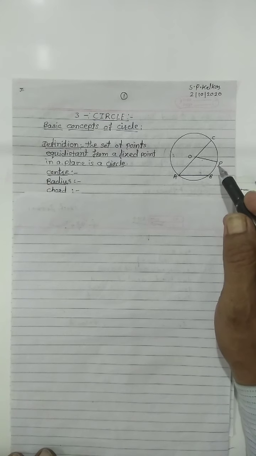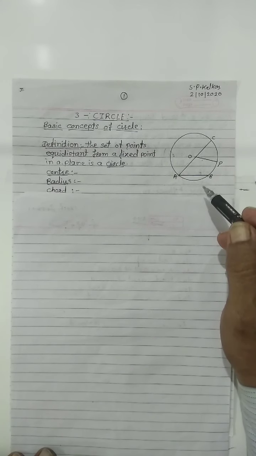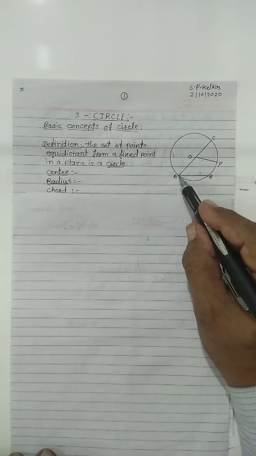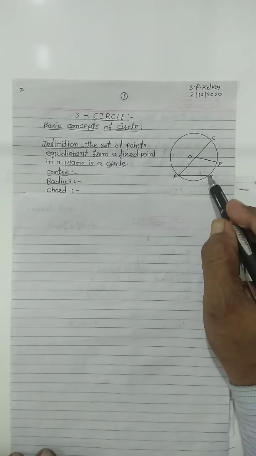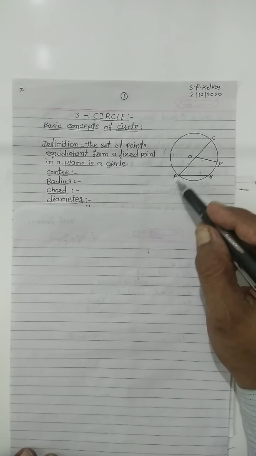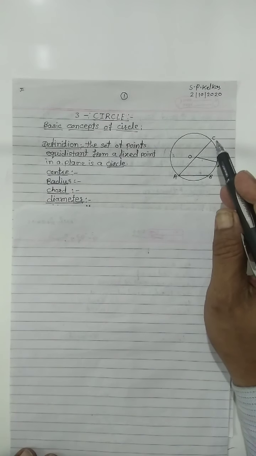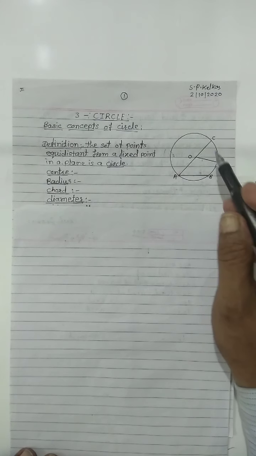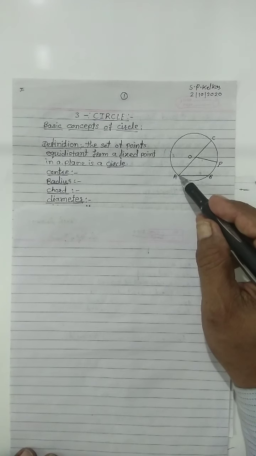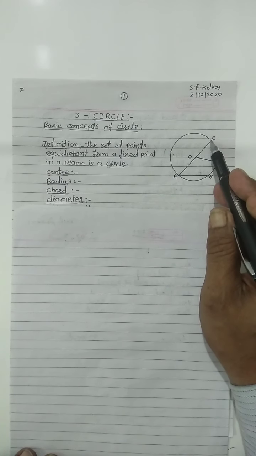Chord of the circle. Chord is a segment whose ends lie on the circle is called a chord of the circle. In figure, AB is the chord of the circle. Now, diameter. A chord passing through the center of circle is called a diameter of the circle. Means the greatest chord is the diameter of the circle.